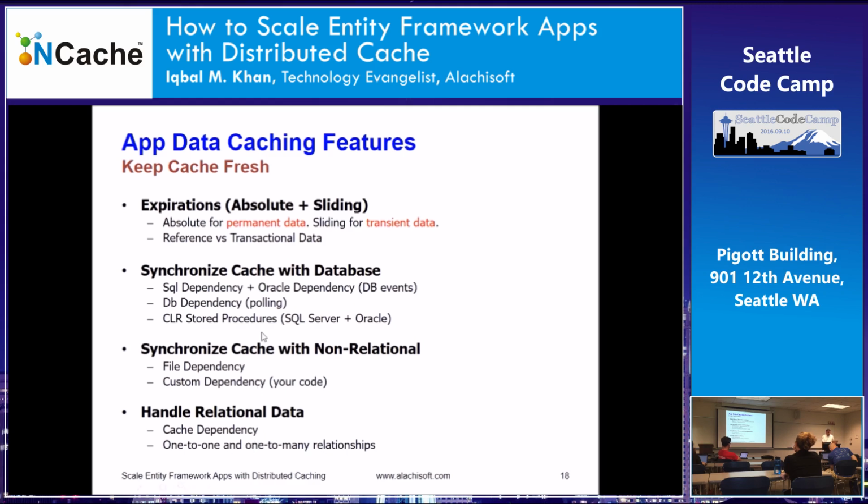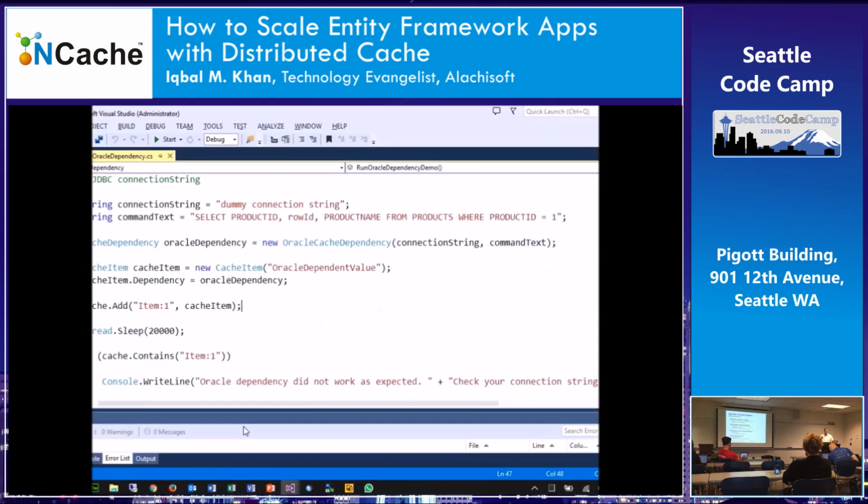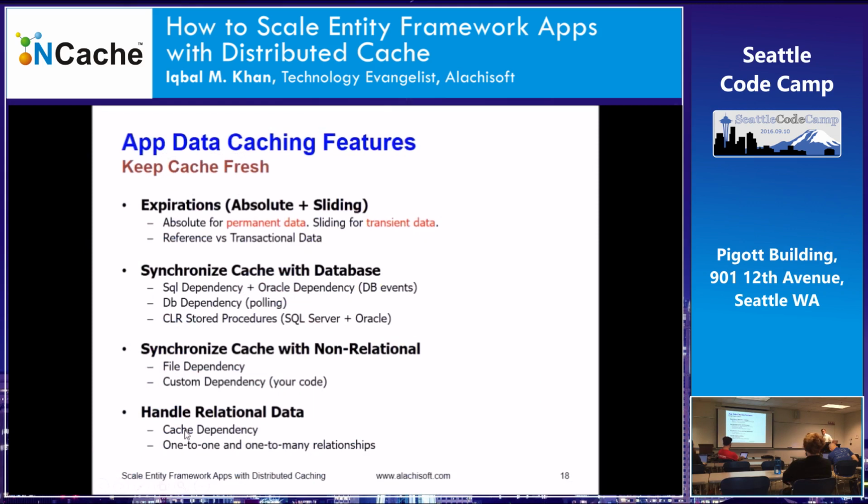So, these are the features. The last one is that Entity Framework deals with relational data that has relationships, one to many, many to many. So how do you manage that in the cache?